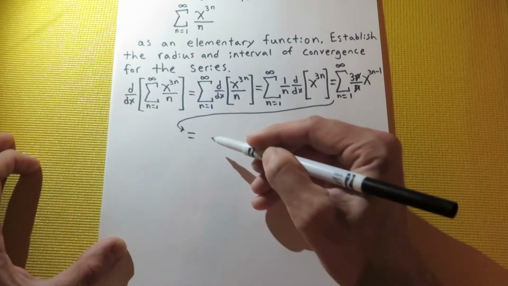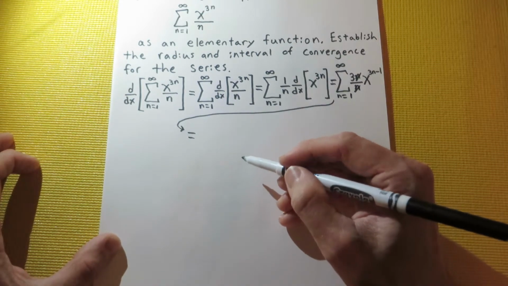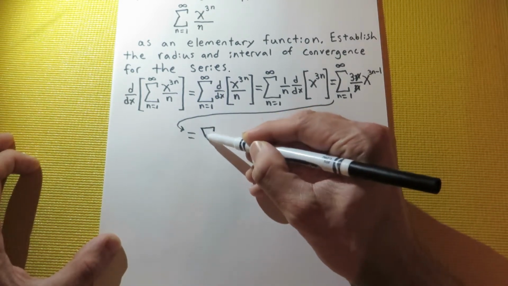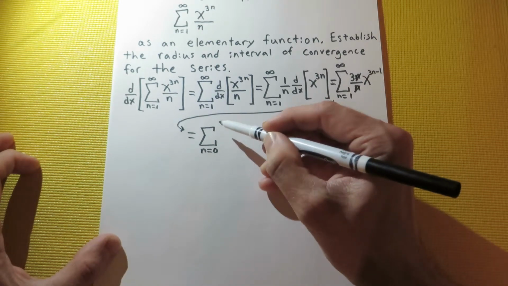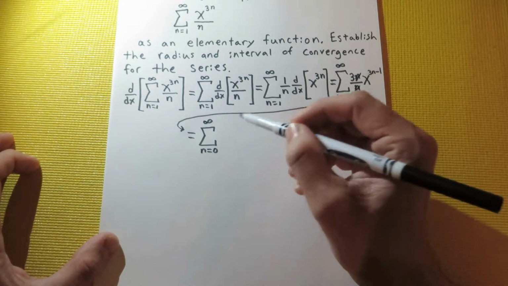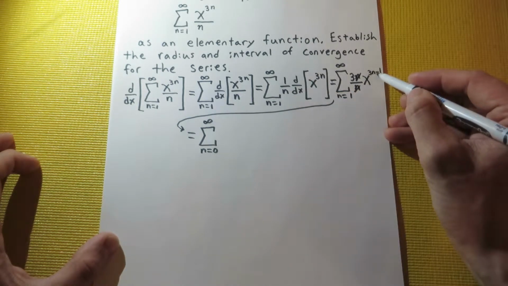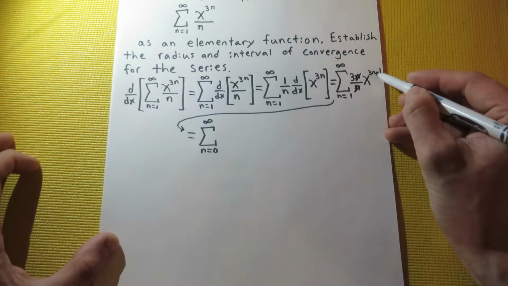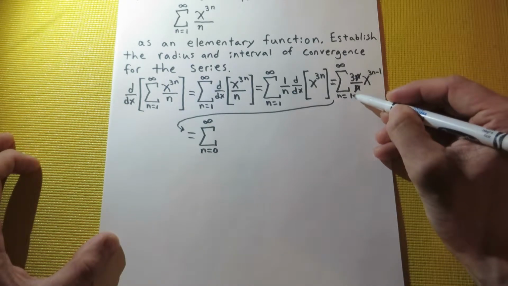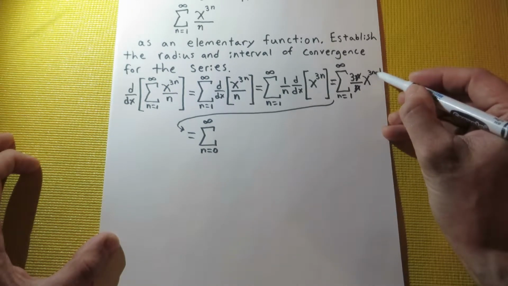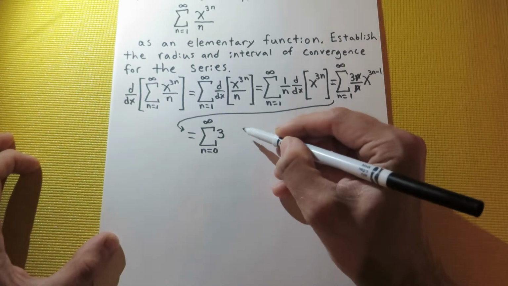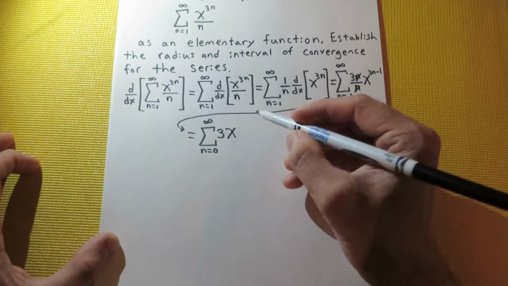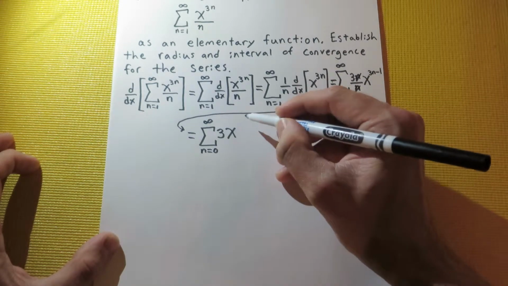This is going to be equal to, if I make this n a 0, well then I know that I have to increase n by 1 here, because we're subtracting 1 here, so we have to add 1 up here. So this is going to give me 3 times x. Now here we want to be careful.